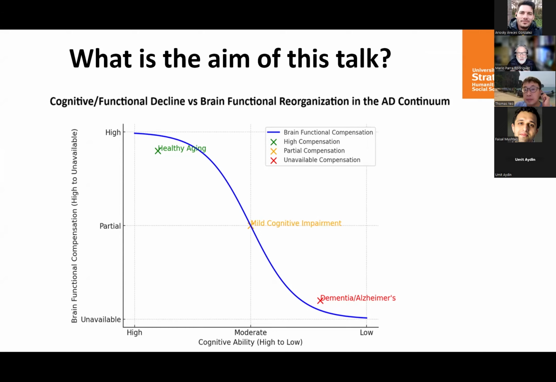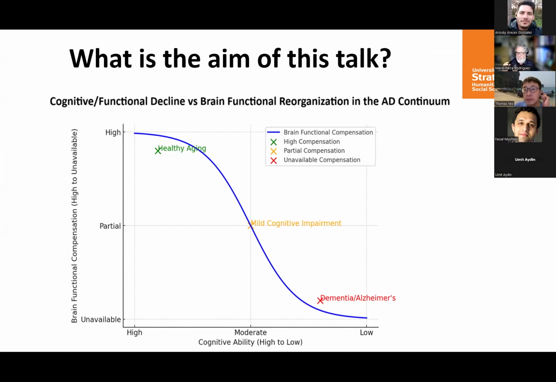So we know that those mechanisms in normal aging start declining in people who are departing from the normal aging trajectory towards pathological aging. And at some point, these physiological compensatory changes continue, but they fail to support behavior.